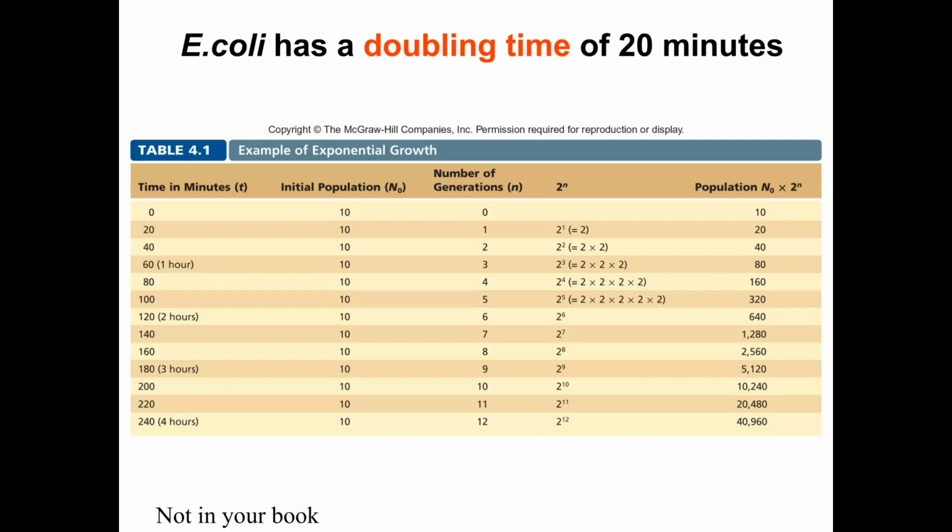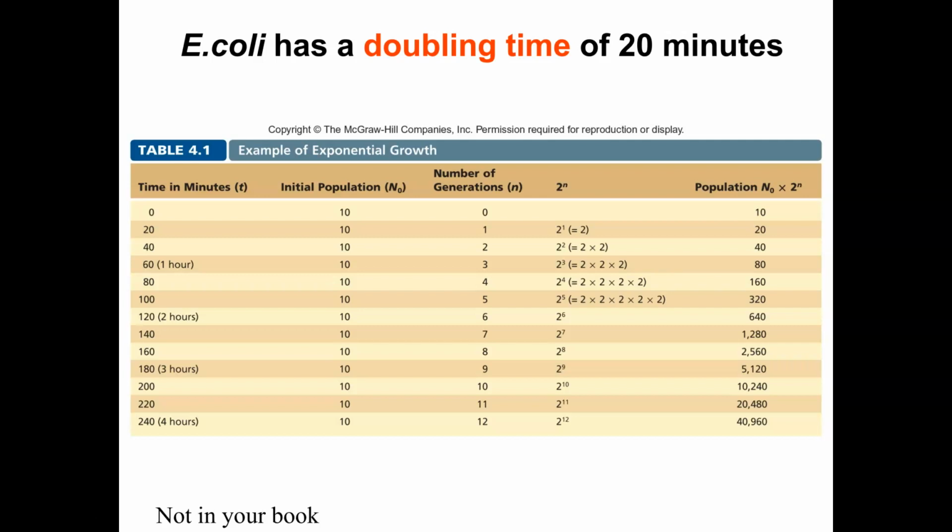Every 20 minutes they double, going through a round of binary fission. So 4 hours is actually 12 generations. 10 becomes 20 cells, 20 becomes 40, 40 becomes 80, and look what happens after 4 hours. You've gone from 10 cells to 40,960. It's a decent amount of cells.